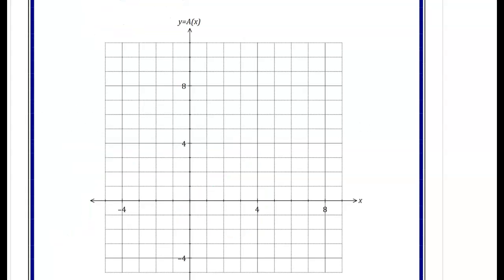So when we start drawing this, we know that A of -4 is 0. That's your start point, so that's always going to be there. And then we know there's a maximum at -2.